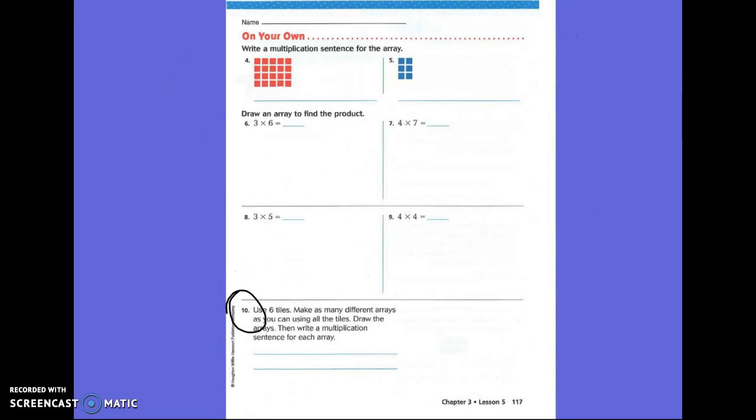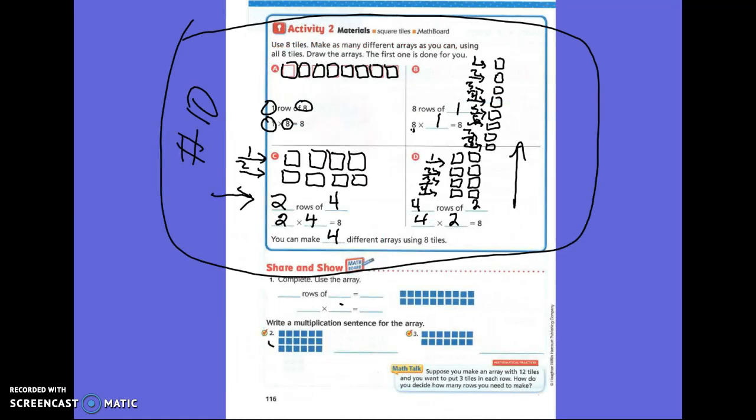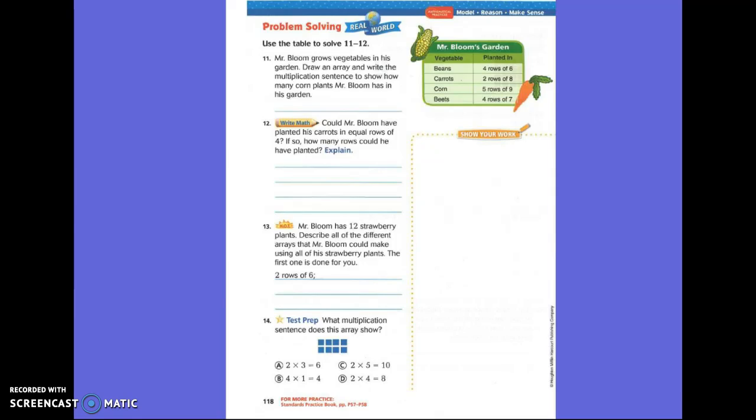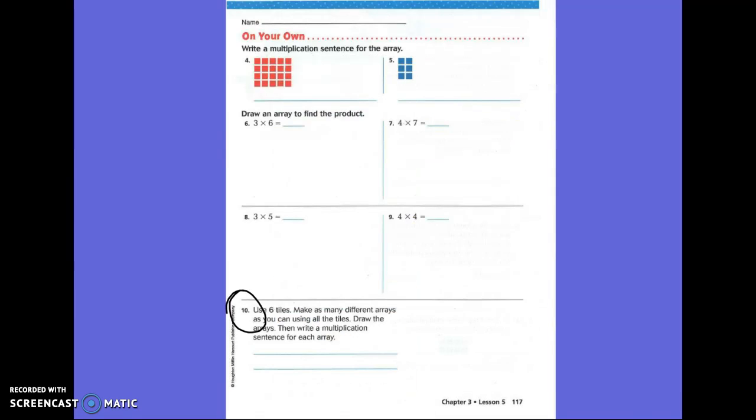You only get 6 tiles that time. Do you remember what we just did right here? We only had 8 tiles for this one. You get even less on number 10. We could do 4 different ways to make 8. See how many ways you can make 6.